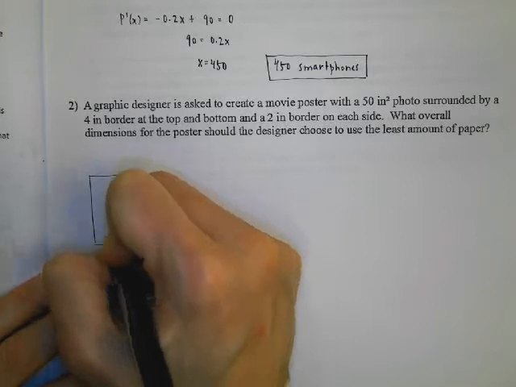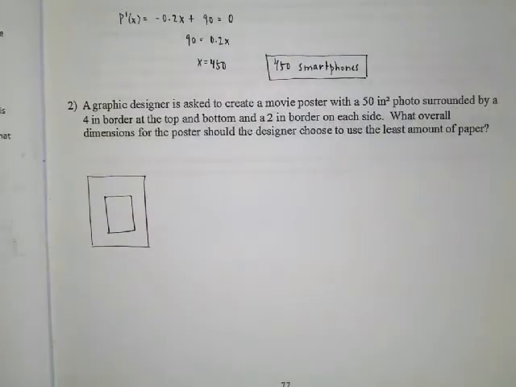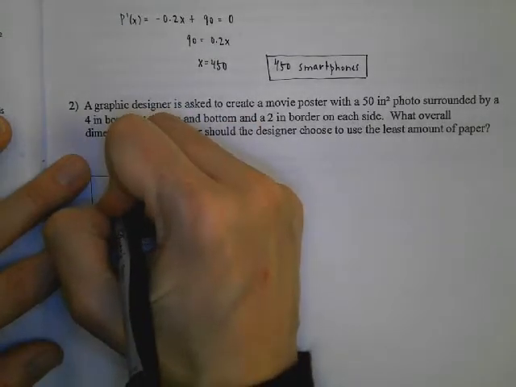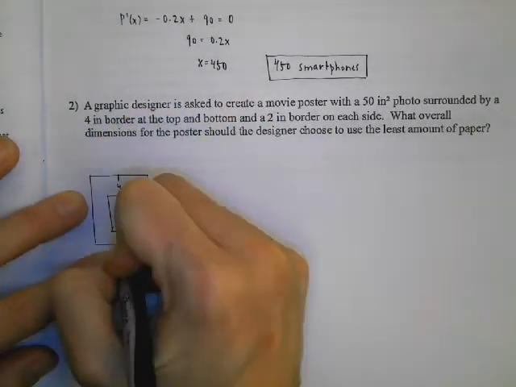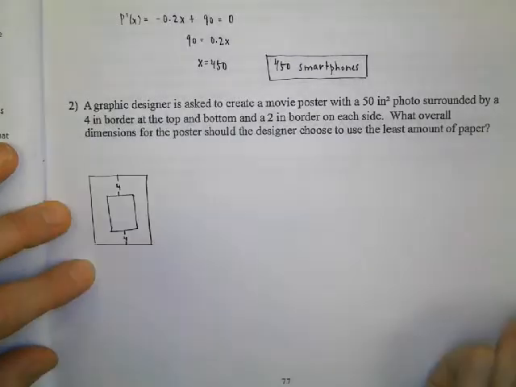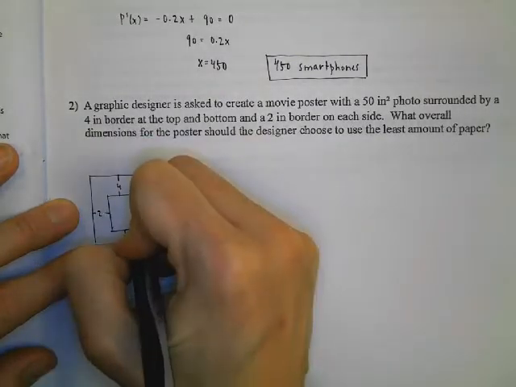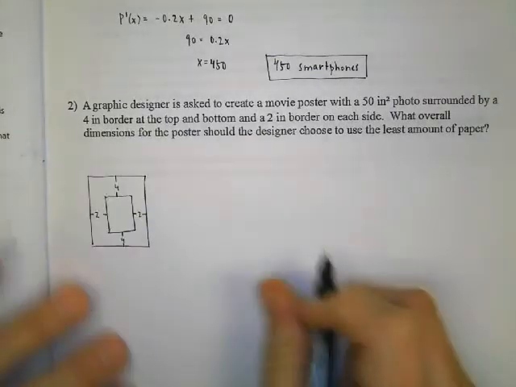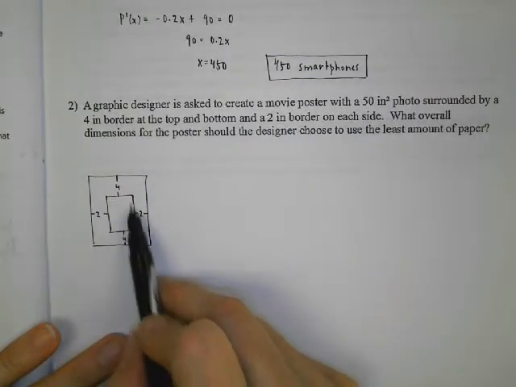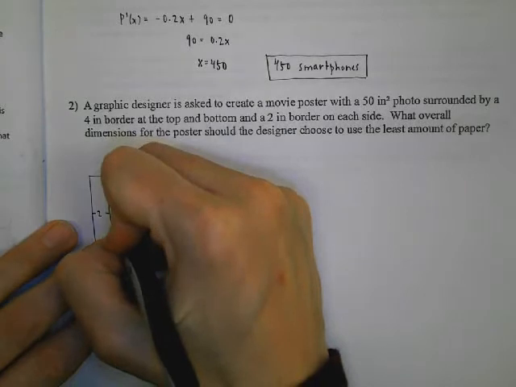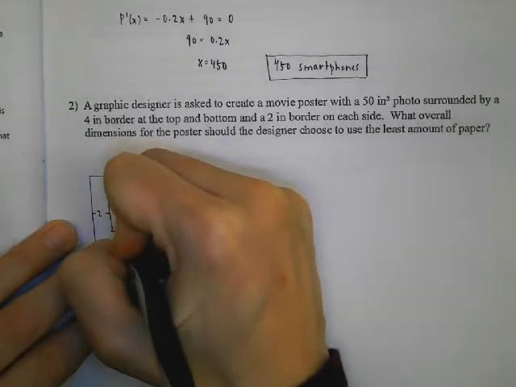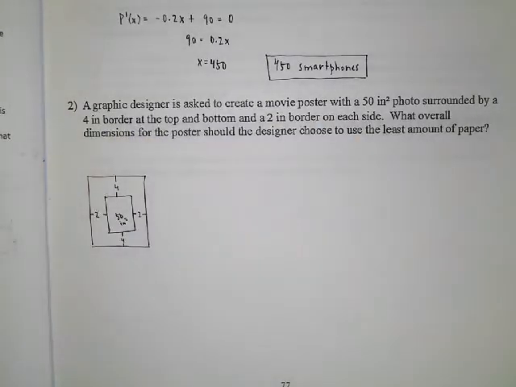So I've got my poster in the middle. I have a 4-inch border at the top and bottom, and then a 2-inch border on each side. And I know the dimensions of my inside here, my photo, should be 50 square inches.